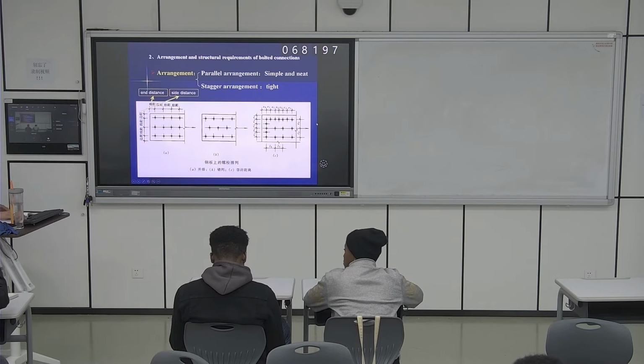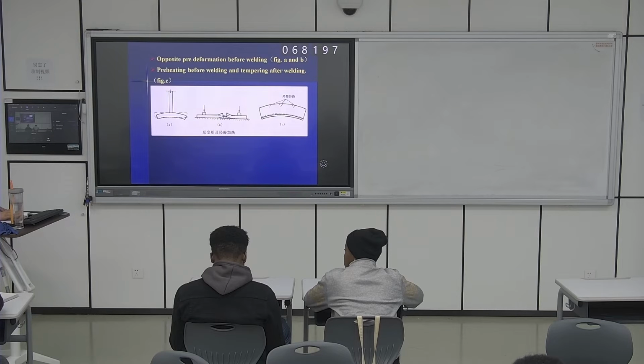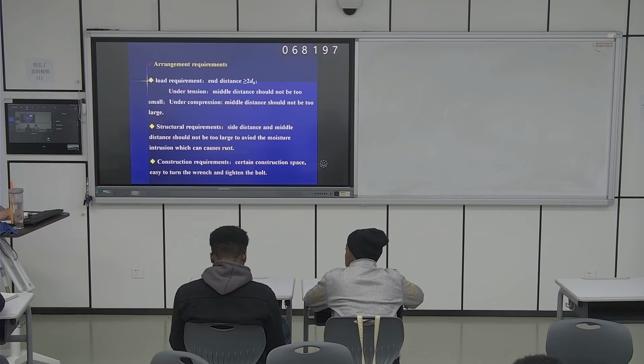So the arrangement requirements for the loading: we need to keep the end distance bigger than 2 times the diameter.